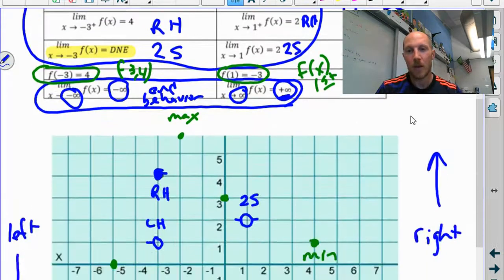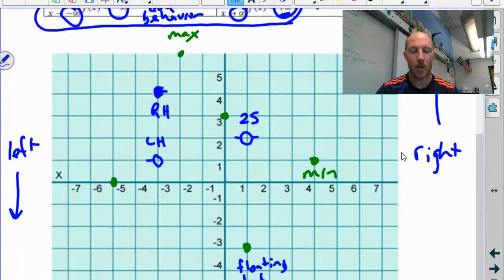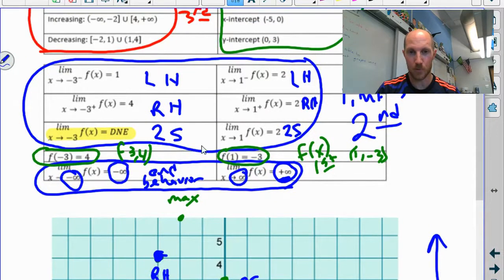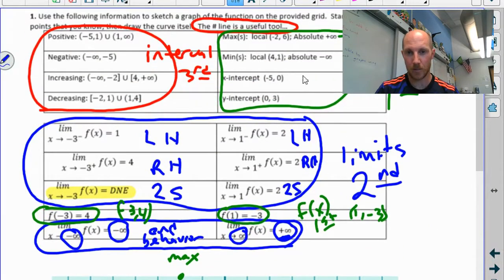But as long as I follow my end behavior, I can see that the graph at the right end does go up, so that'll probably be my absolute maximum. At the left end of the graph, it is going down, and so that's probably going to be my absolute minimum. So I think everything circled in blue or green is on the graph.